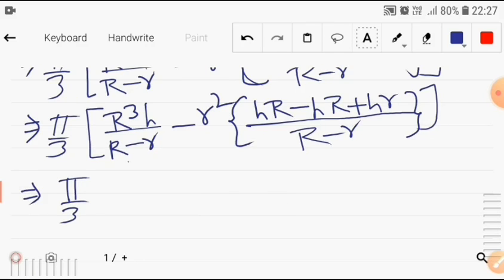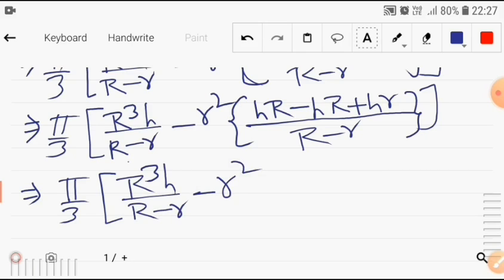Pi by 3, R cubed h by R minus r minus r square multiplied by hr by R minus r.